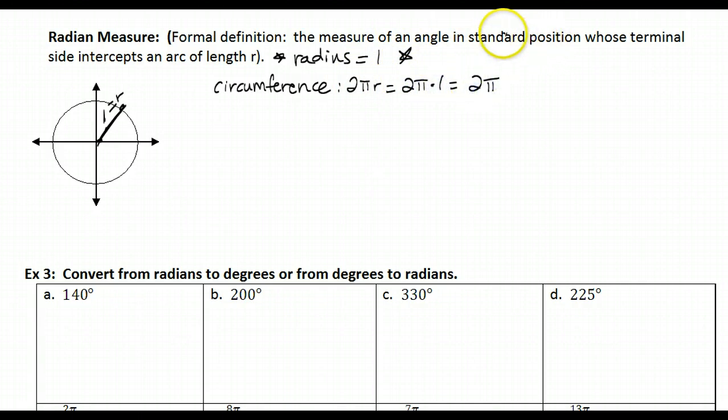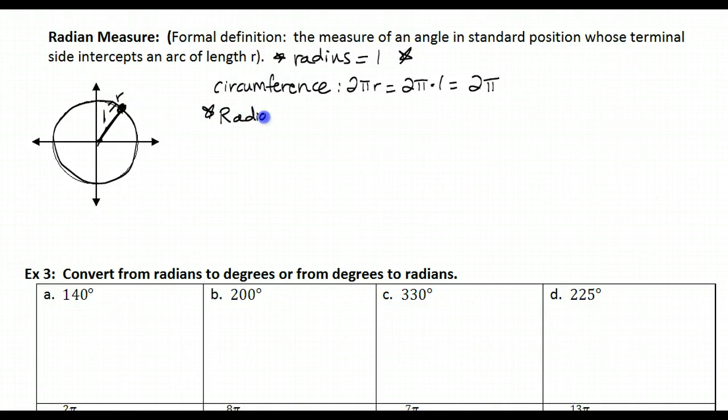What we're going to do is we're going to have 2 pi, which is actually the measurement around the edge of the circle. That's going to represent my radian measurement of an angle, and 2 pi is going to then represent 1 full revolution. So here's a side note then.